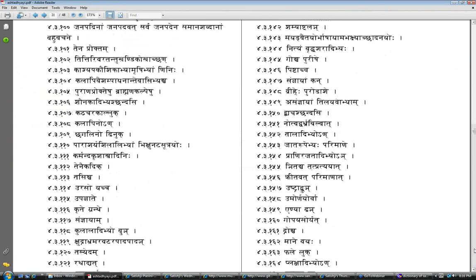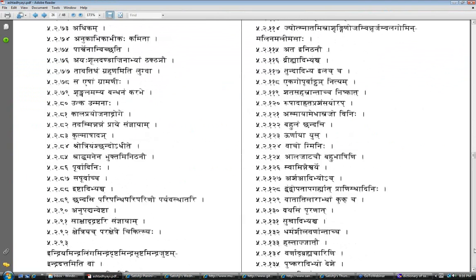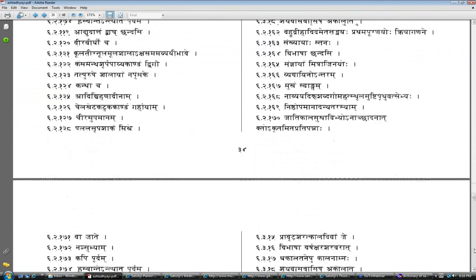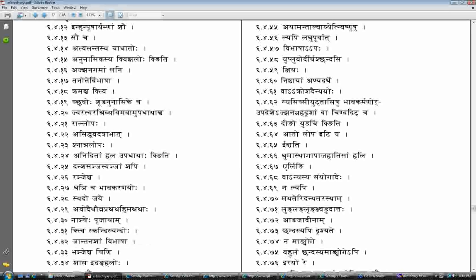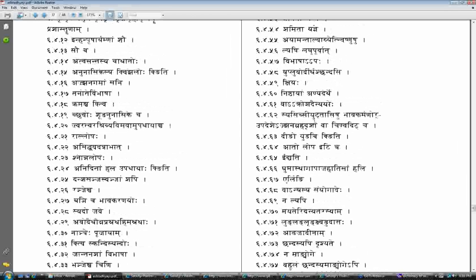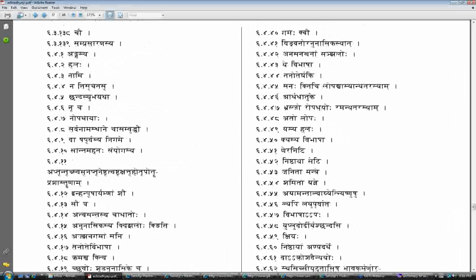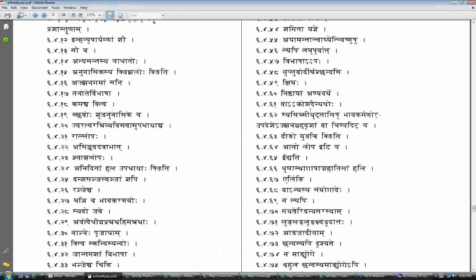From 6.4.46 starts ardhadhatuke, and 6.4.64 says ataha lopaha, adantasyangasya lopasyat.